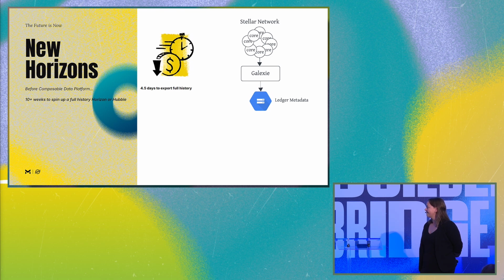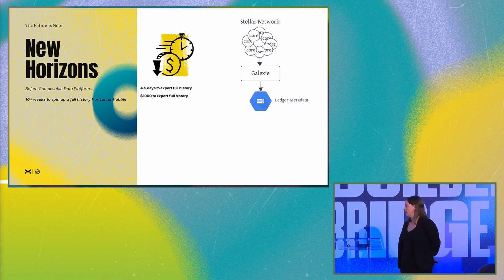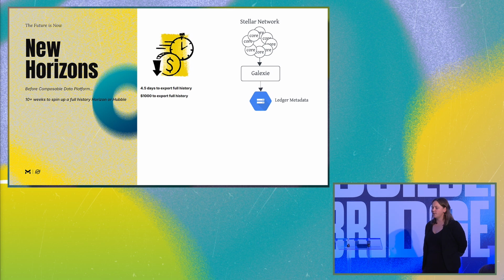You may be asking, well, that sounds hard. No, it was not. It was not expensive either. It cost us about $1,000, which is actually rounded up to the nearest 1,000. It cost us like $650 something. It's pretty cheap to get the full history of the blockchain. And if you recall, the Horizon database full history is 40 terabytes.